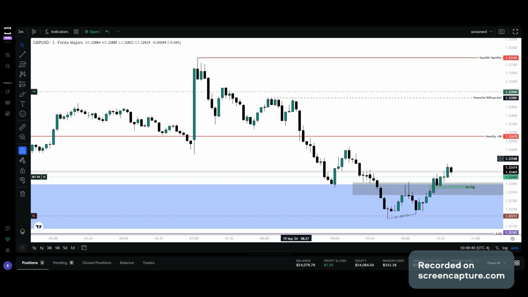So now it's just a waiting game. Just watching price. I did get in a little early. But yeah, I'm expecting this gray rectangle to support price.